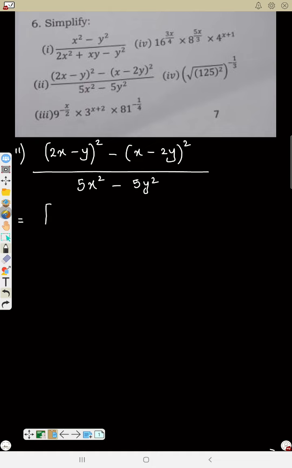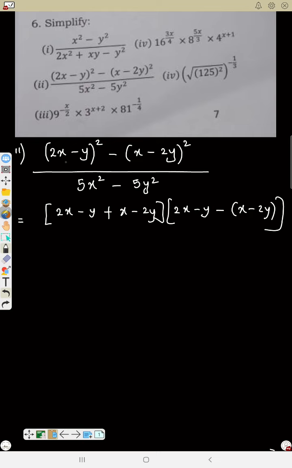Now this is the same thing as (2x minus y plus x minus 2y) times (2x minus y minus x minus 2y).